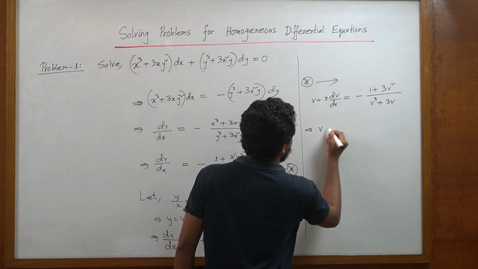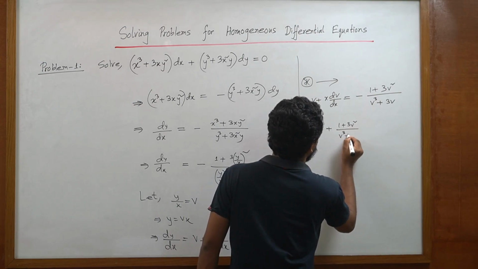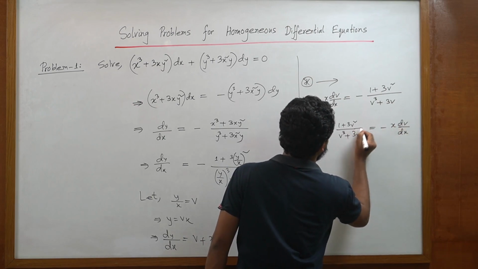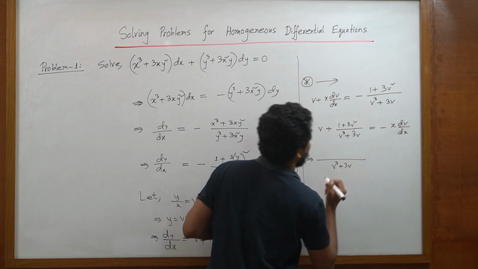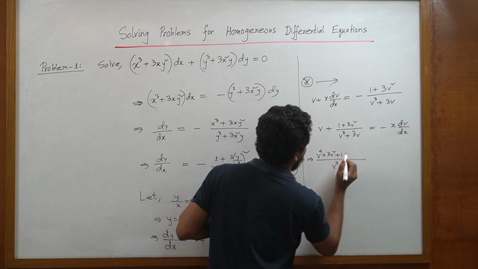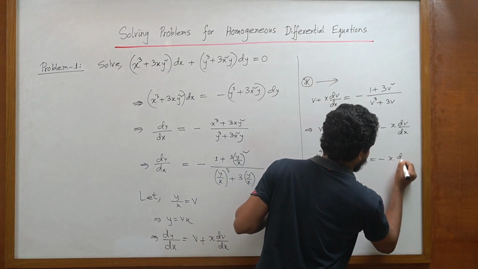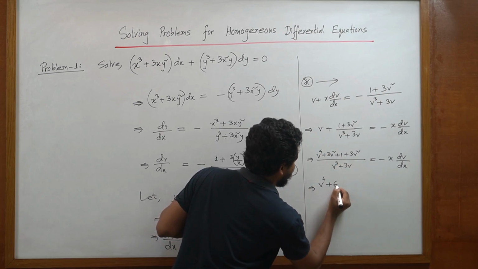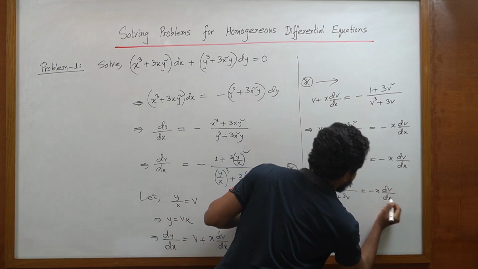Now v + (1 + 3v²)/(v³ + 3v) = −x dv/dx. Taking v³ + 3v as LCM, we get (v⁴ + 3v² + 1 + 3v²)/(v³ + 3v) = −x dv/dx, that is (v⁴ + 6v² + 1)/(v³ + 3v) = −x dv/dx.